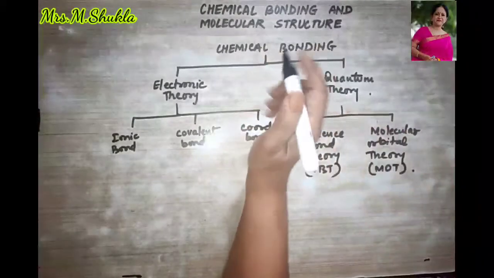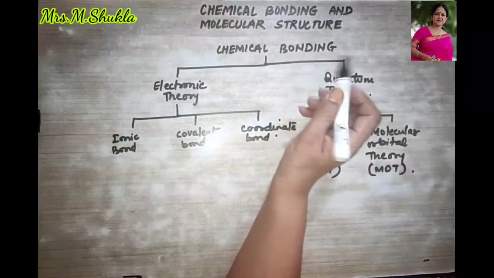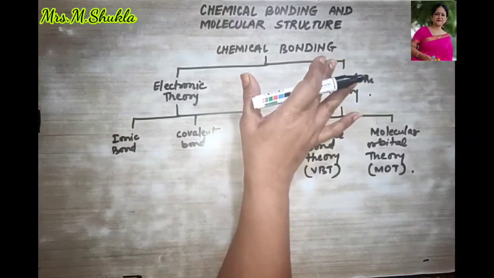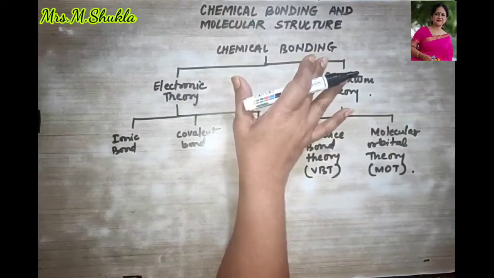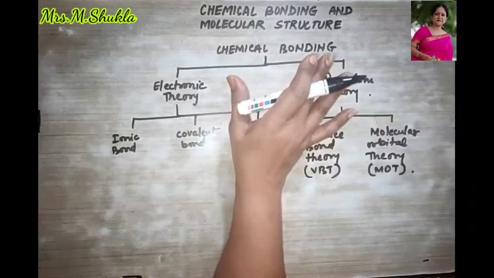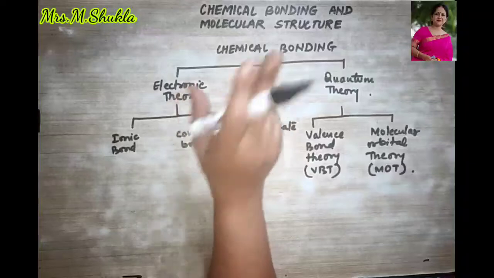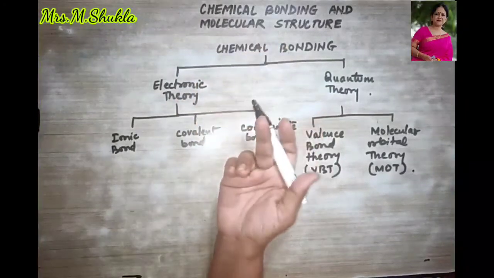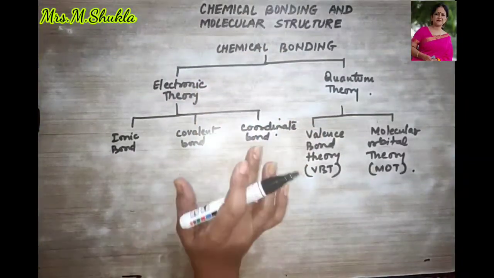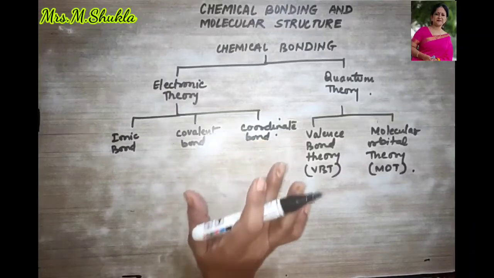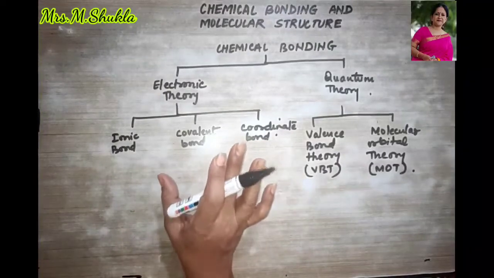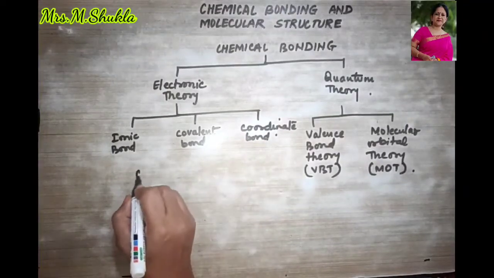So moving ahead, what do we mean by chemical bonding first and foremost? A chemical bond is formed when two atoms with incomplete valence electrons combine, right? So the net resulting force that holds the combining atoms in a molecule, what is that called?